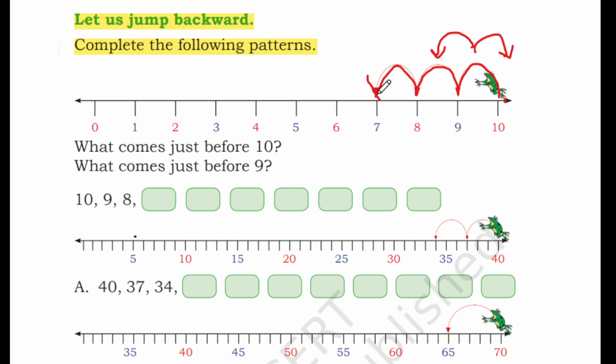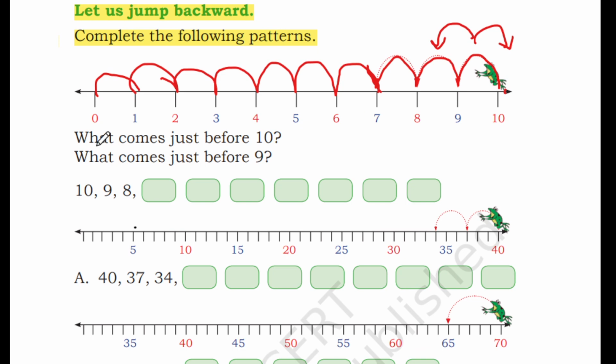Next one is 7 to 6, 6 to 5, 5 to 4, 4 to 3, 3 to 2, then 2 to 1, then 1 to 0. Okay, so likewise this frog is jumping backwards.